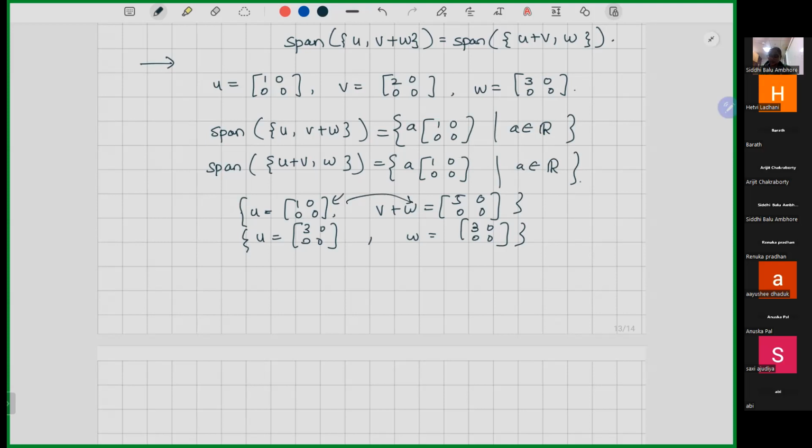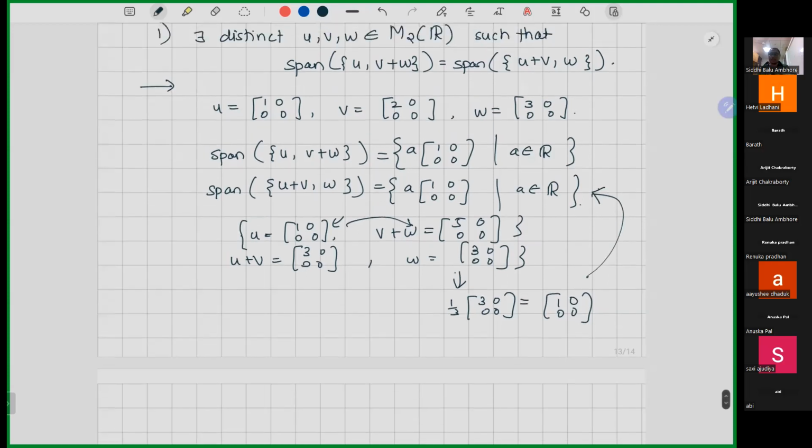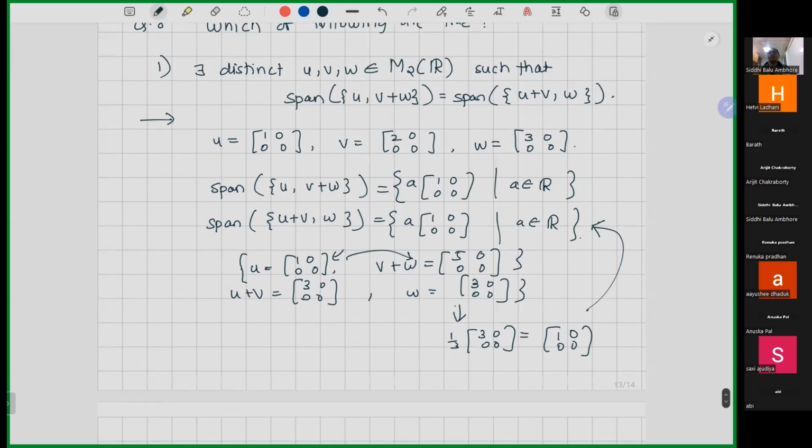In this case, let me write this here, u plus v. From this w, if we multiply it by scalar 1 by 3, 3000, we end up getting this element, and once we have this element here, we get this set here. Okay, these three elements u, v, w are such that their spans are equal. Any doubt here?